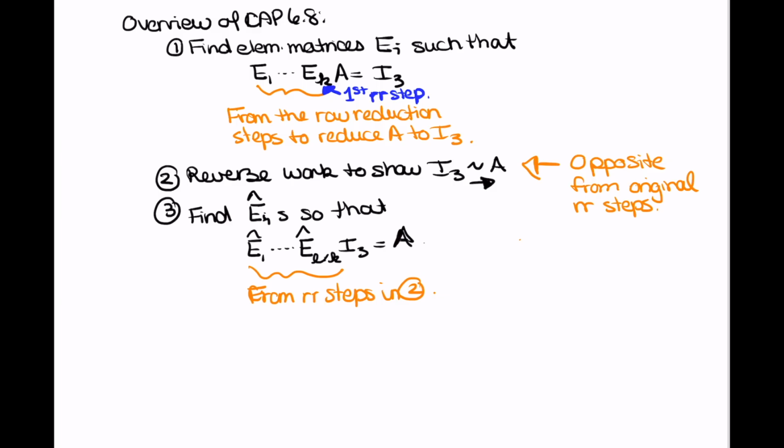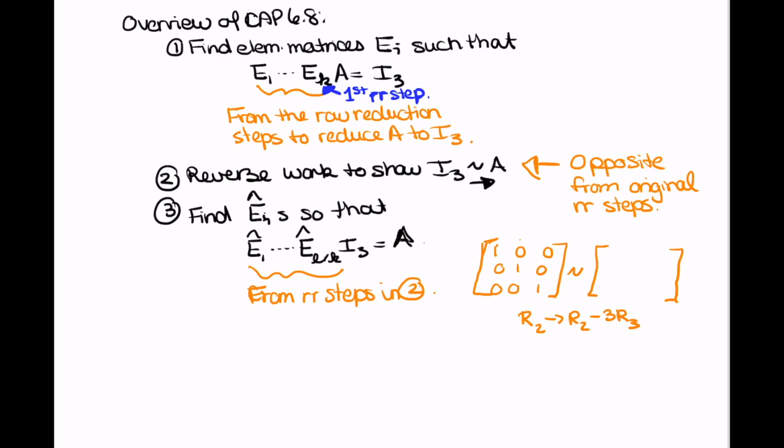So for example, it's usually easier for me to start with the identity. So if we have a matrix 1, 0, 0, 0, 1, 0, 0, 0, 1, and I want to take R2 and go to R2 minus 3R3, for example, then the only row that's going to change is the second row.